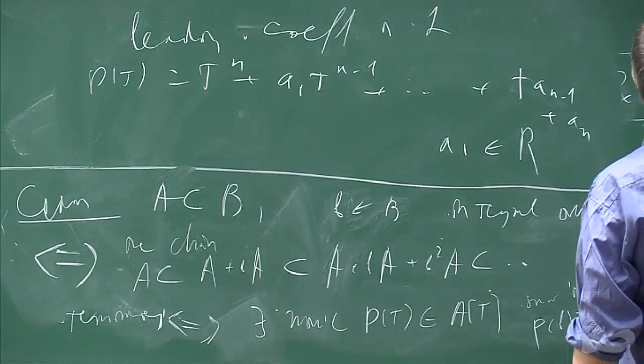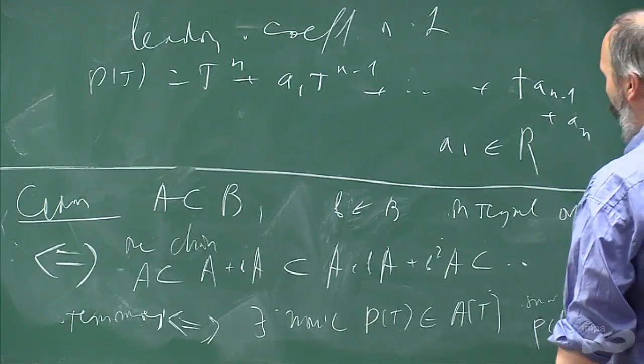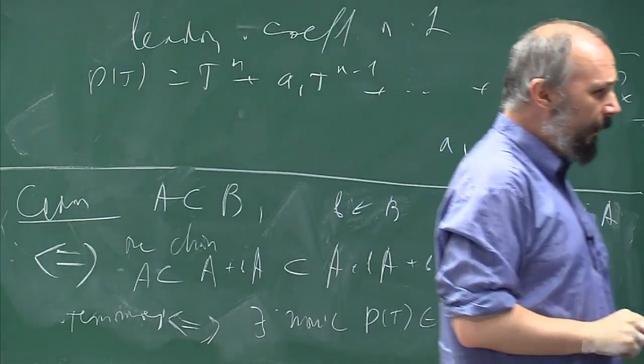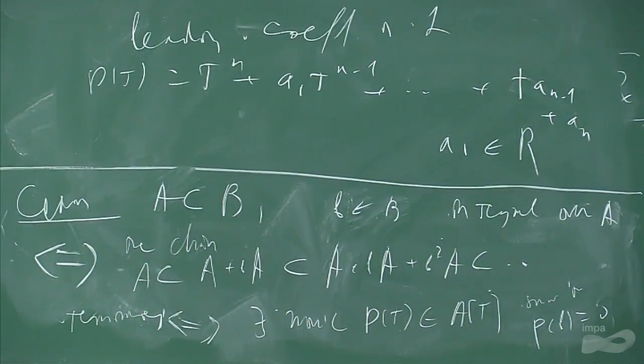So proof. Well, if the chain terminates, this means that b^n is the sum of b^i a_i, where i goes from 0 to n minus 1, right? This is equivalent.